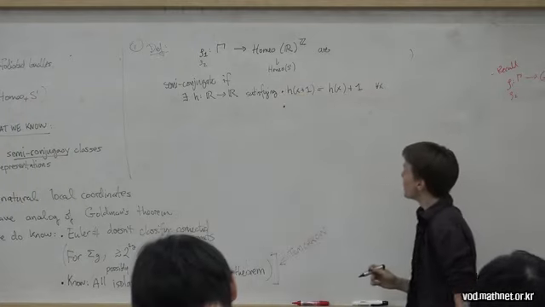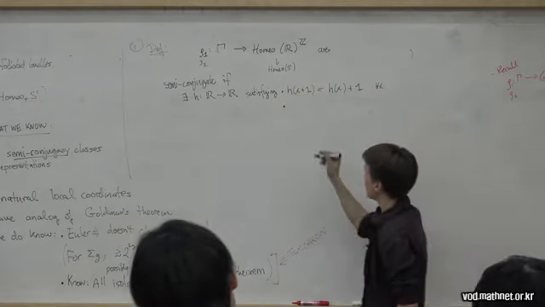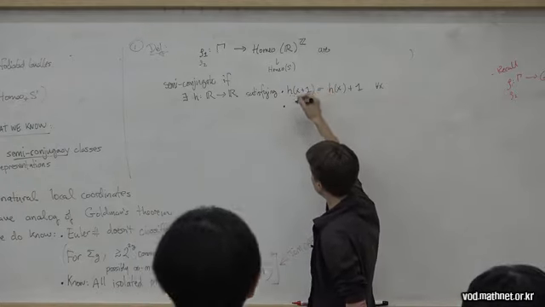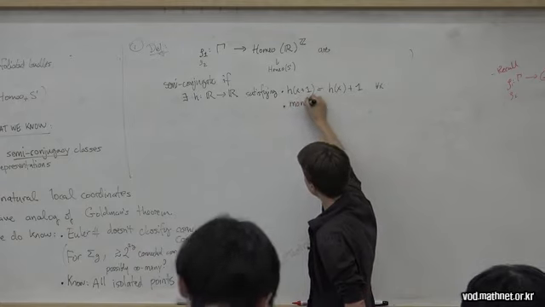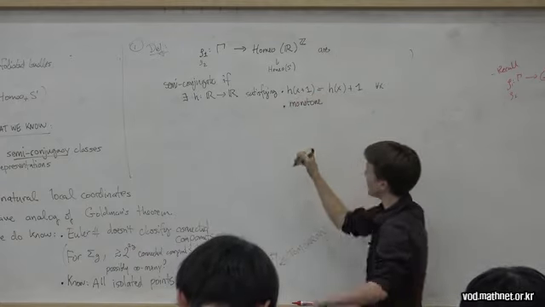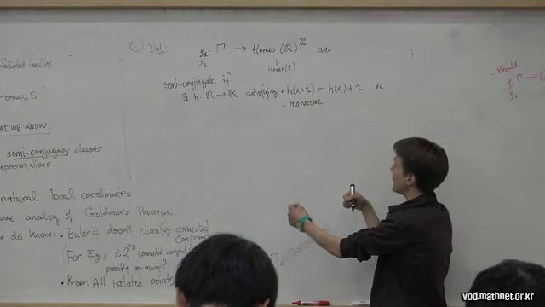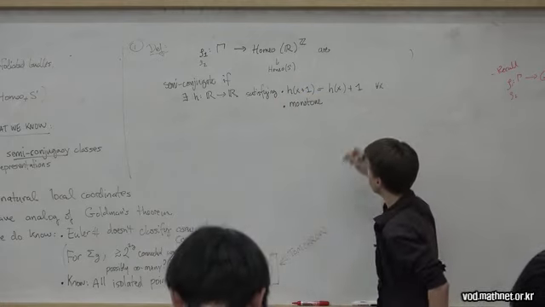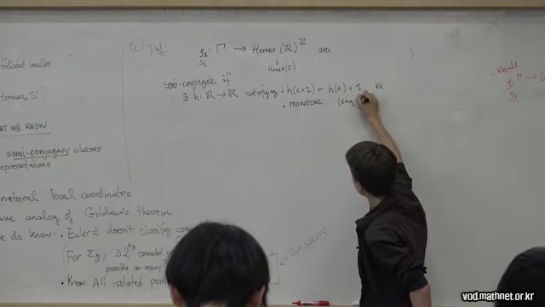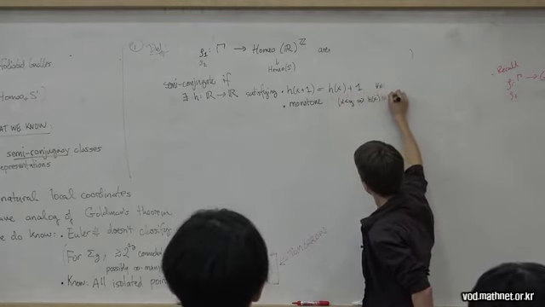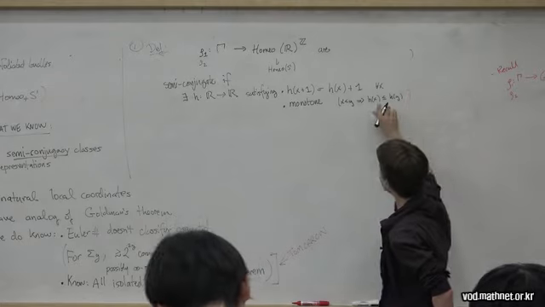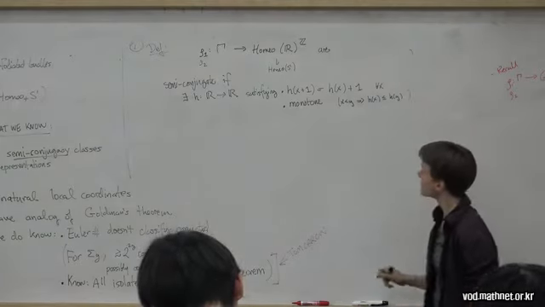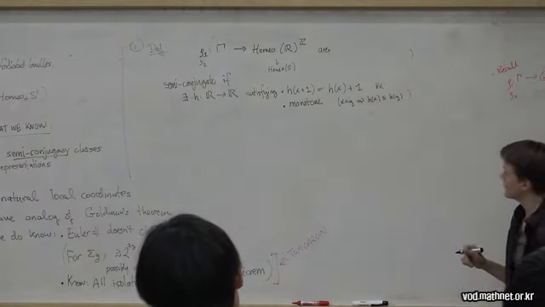I want it to be weaker than a homeomorphism, but not just arbitrary. So I would like this to be monotone, meaning that if x is less than y, h of x is less than or equal to h of y. Okay, but less than or equal to, it doesn't need to be injective. And in fact, I don't even care if it's continuous.